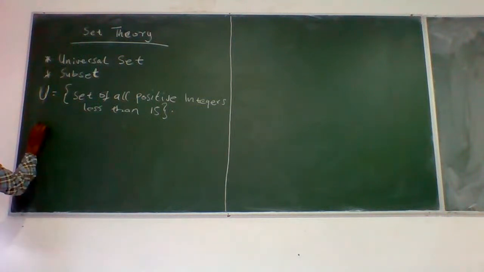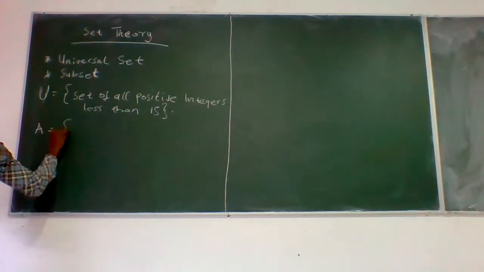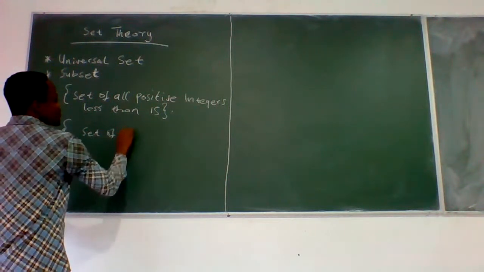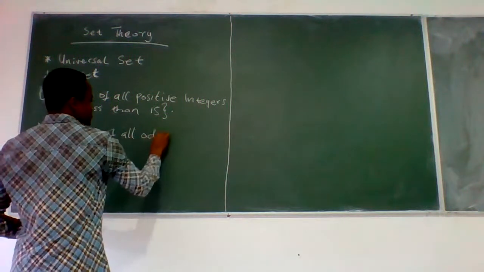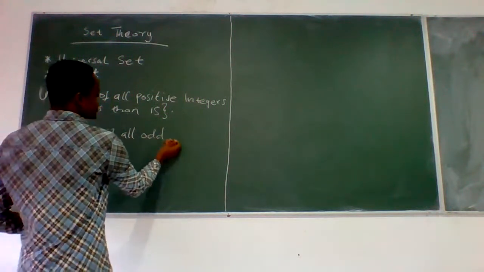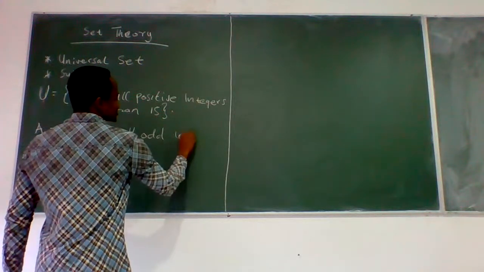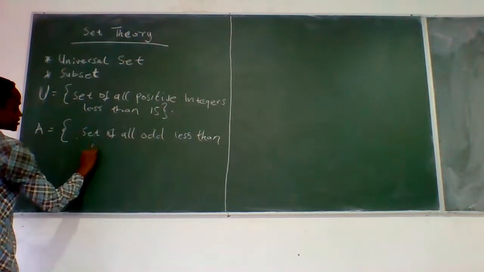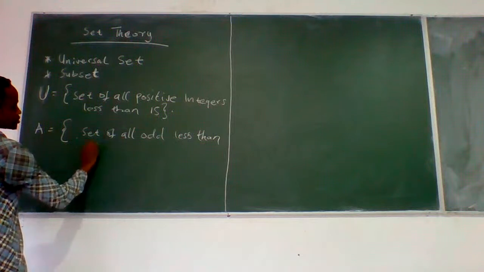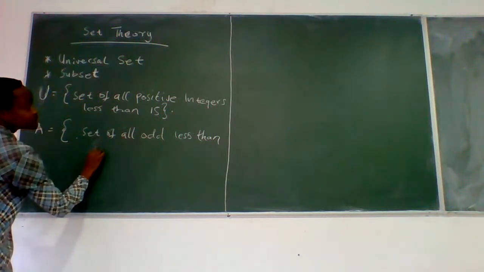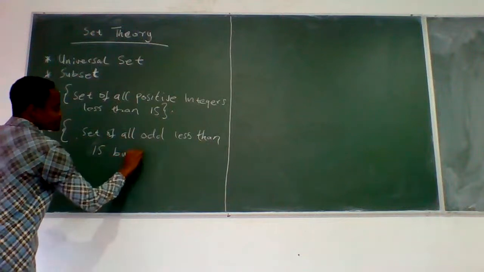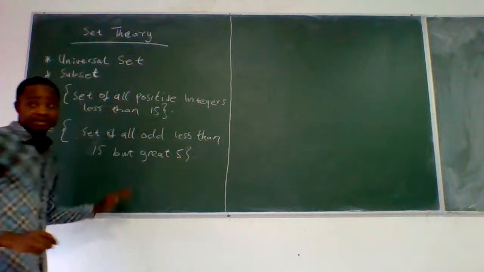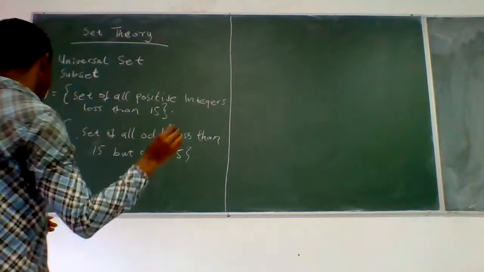And then we have these two sets as our subsets. Say A is the set of odd numbers less than 15 but greater than 5. This is just an example to illustrate what we did last week.